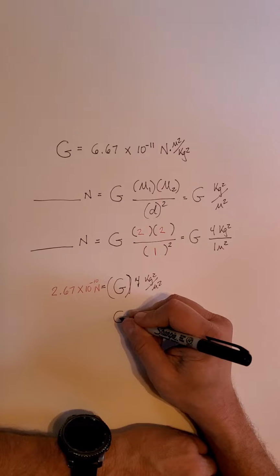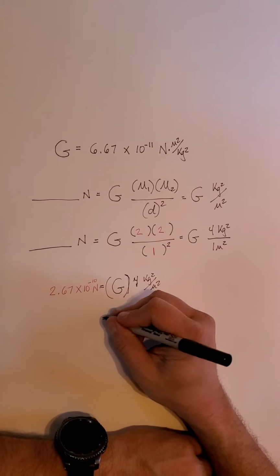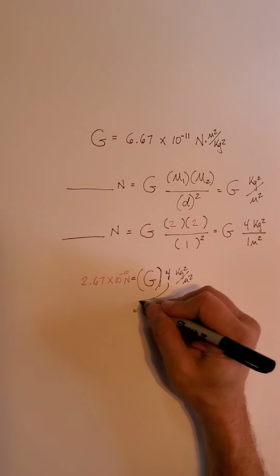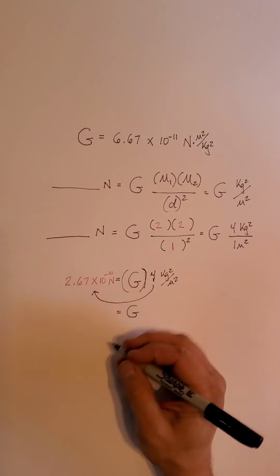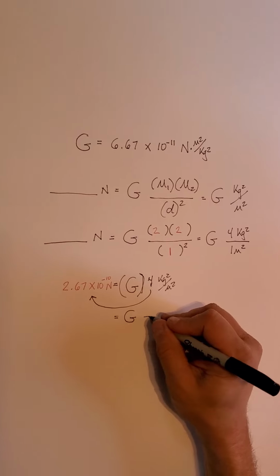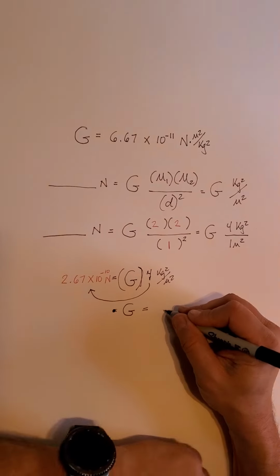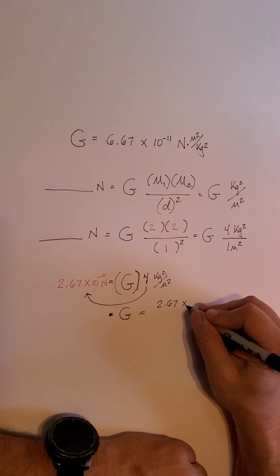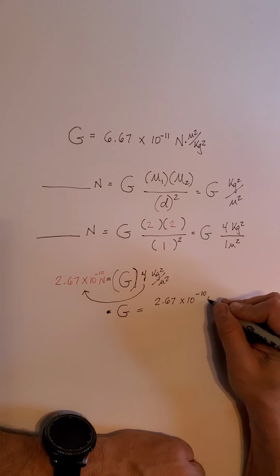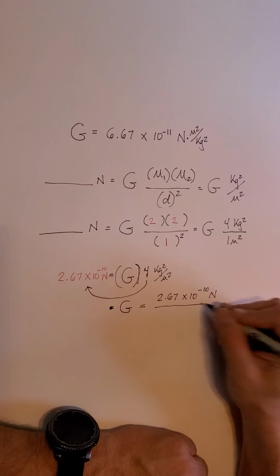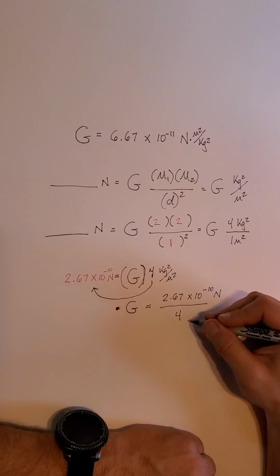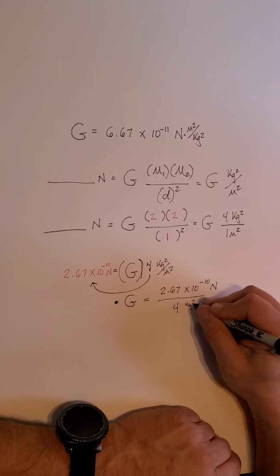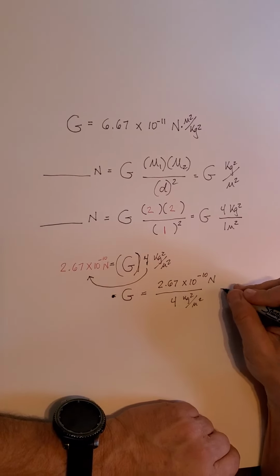So we'd say big G is equal to, bring this 4 over this way, and that's going to give us 2.67 times 10 to the negative 10 newtons over 4 kilograms squared over meters squared.